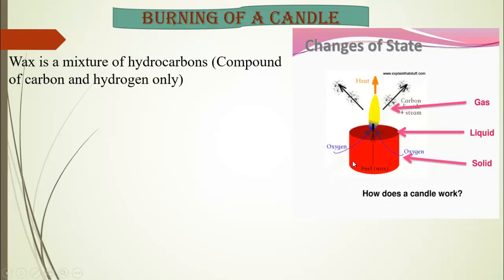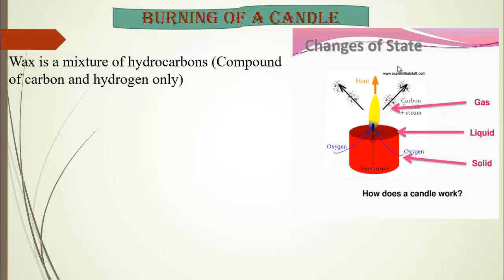Now chemical change. When the wax vapor, which is actually present at the top of this thread, reacts with the atmospheric oxygen, it produces what? Carbon dioxide gas and water vapor, that is steam. So this change is actually the chemical change of wax.